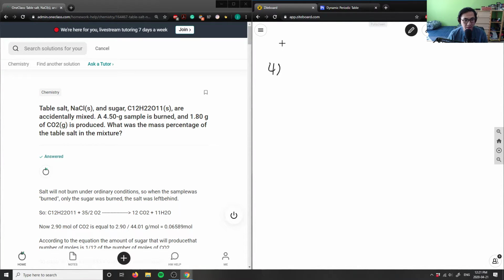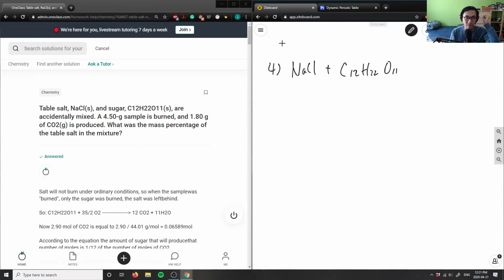So let's look at our question here. We have NaCl, and we have sugar, which is C12H22O11, and they're mixed, right? Okay, that's fine. Accidentally mixed.